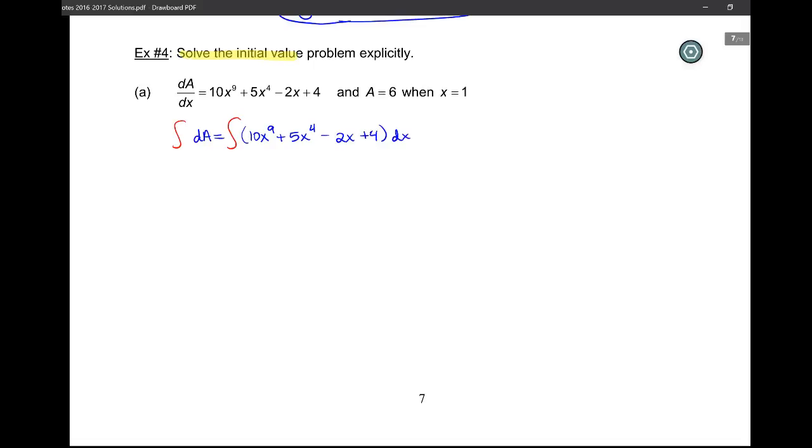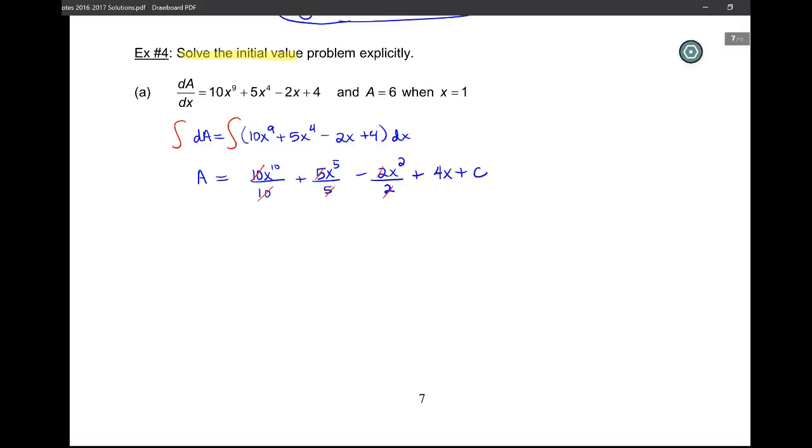So I want to integrate both sides. Now this one says dA, so I have A equals, this is going to be 10x to the 10th over 10 plus 5x to the 5th over 5 minus 2x squared over 2 plus 4x, and don't forget our plus c.